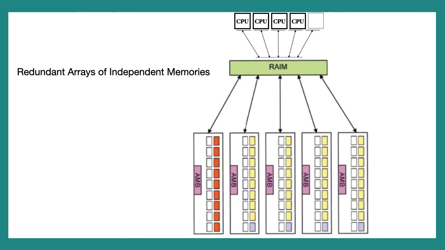These are the redundant array of independent memories, or the RAIM. RAIM utilizes additional memory modules and a striping algorithm to protect against the failure of a particular module and keep the memory system operating continuously.